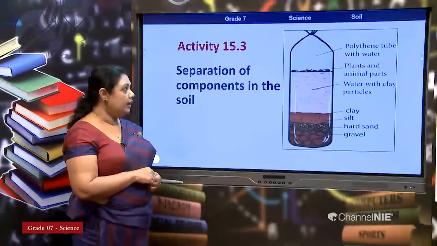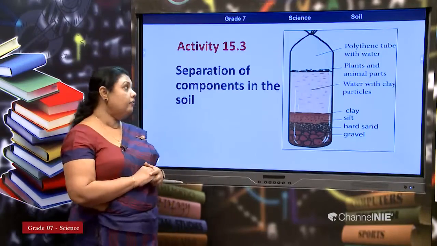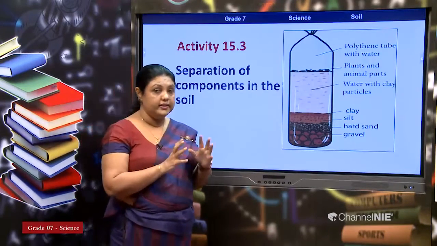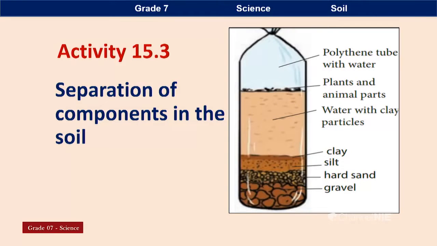Then we see here, this of course you can do at home. I have done a small experiment for you to see. You can take a polythene bag and take a soil sample from anywhere, but take that soil sample a little bit deeper from your garden or anywhere else.